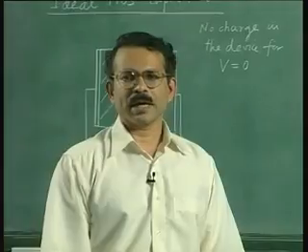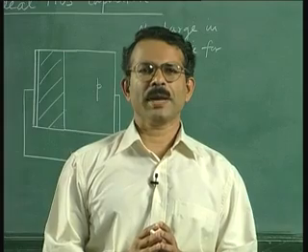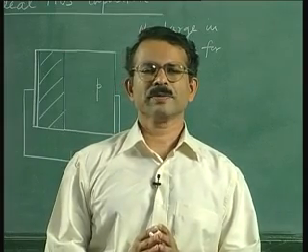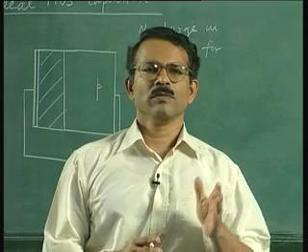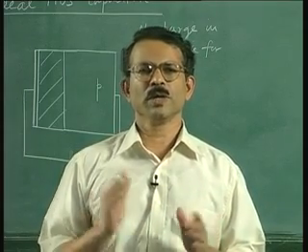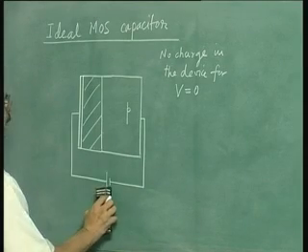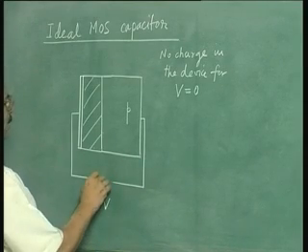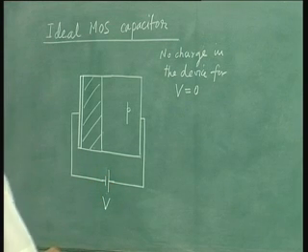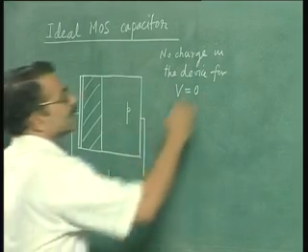Now we will start with the condition when the voltage applied is negative. What happens when the voltage is negative? We will start with this condition, then we will go to positive voltages. So when voltage is negative, basically the power supply is like this. So V less than 0.